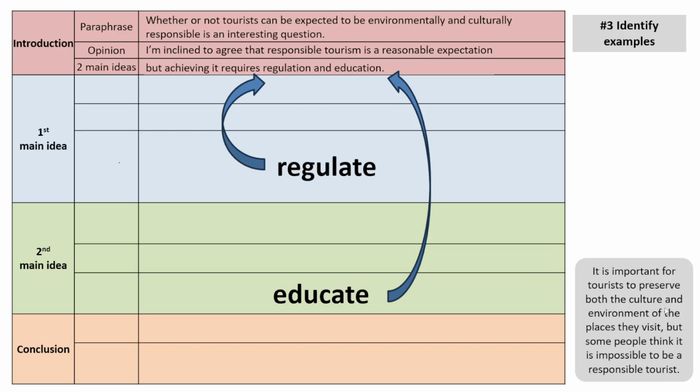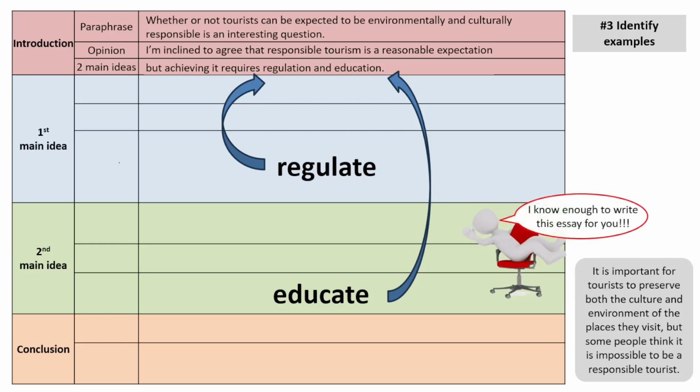So your introduction should tell your examiner that you've understood the question, and it should forecast what your essay is about. Essentially, you should be able to give the introduction to a friend and expect them to tell you what your essay is about or even write it for you.